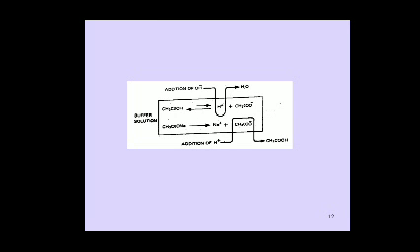Here, see the reaction of the acidic buffer solution. CH3COOH partially ionizes to produce acetate ions plus H plus ions. Sodium acetate completely ionizes to form Na plus plus CH3COO minus.